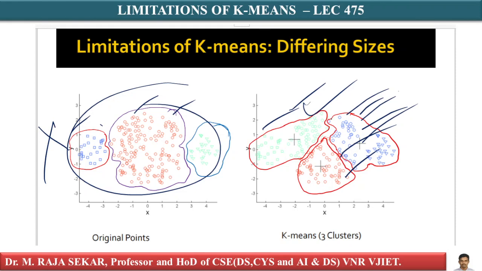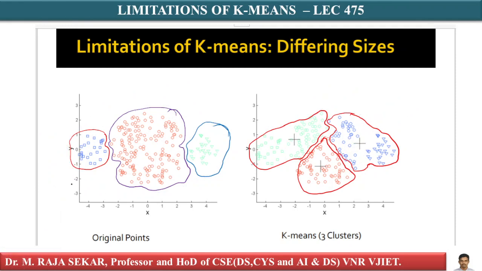Now, how do you get around this problem? We will discuss it. Remember, these clusters are of different sizes and are also close together. Just see, these clusters are very close, the gap is very small.